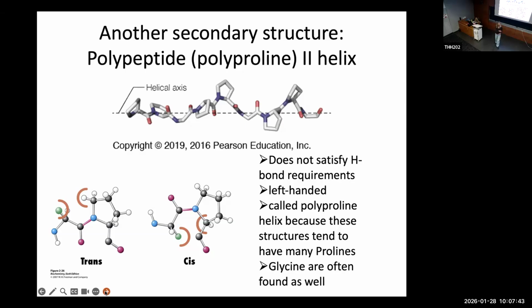This turns to the left. What's different about this secondary structure from others we've seen is that it doesn't have to be held together with hydrogen bonds. It just forms that structure because of the kinked nature of the backbone, because of the prolines. When we see a polyproline helix like this, the structure typically also has a lot of glycines interspersed. What do glycines look like? What is their side chain?